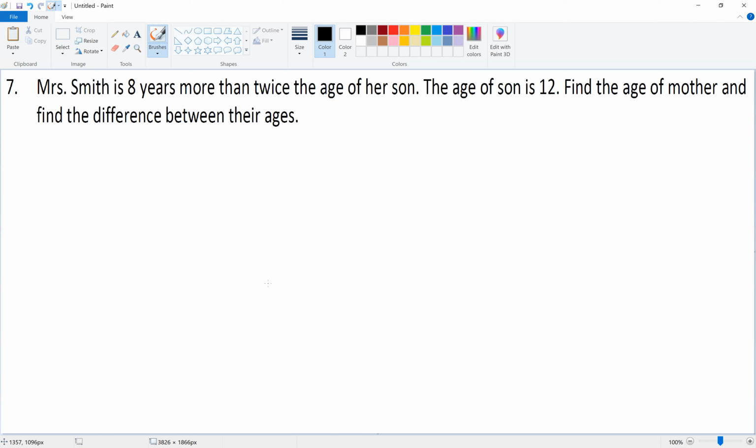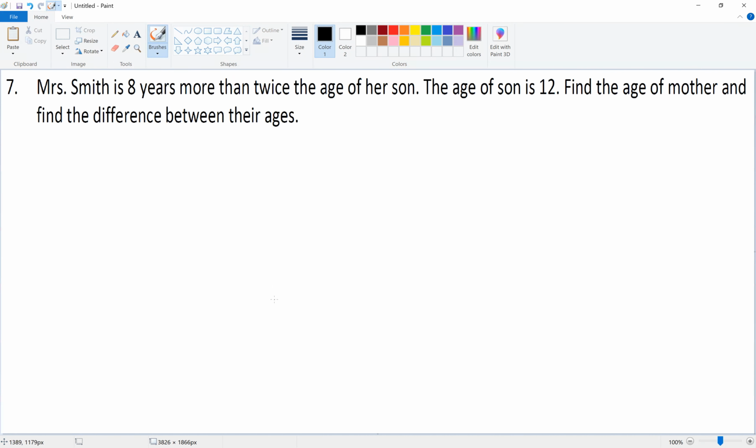For number 7, it says Mrs. Smith is 8 years more than twice the age of her son. The age of her son is 12. Find the age of mother and find the difference between their ages.